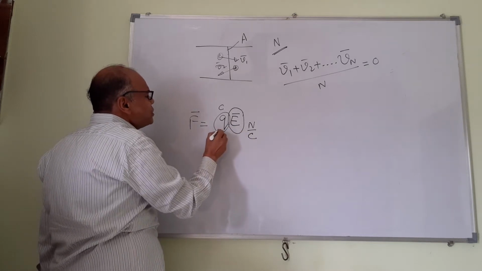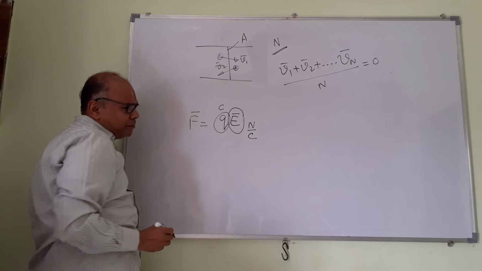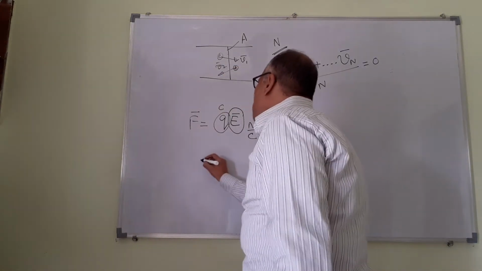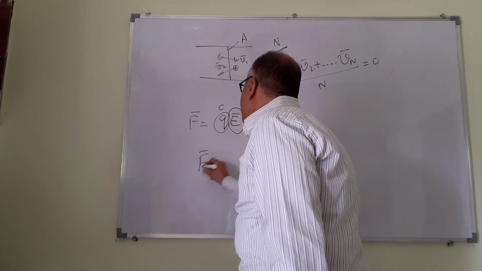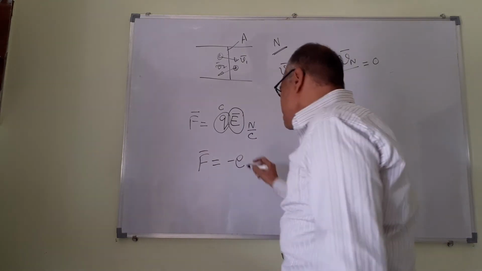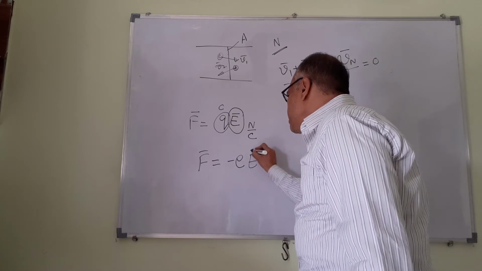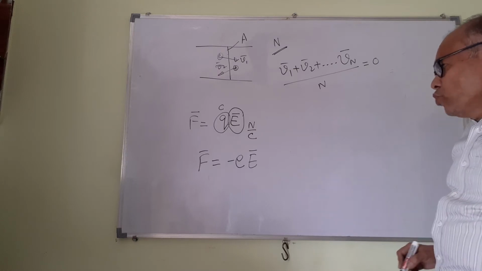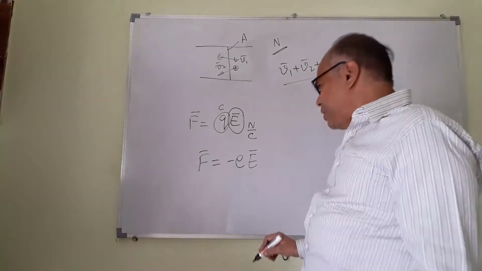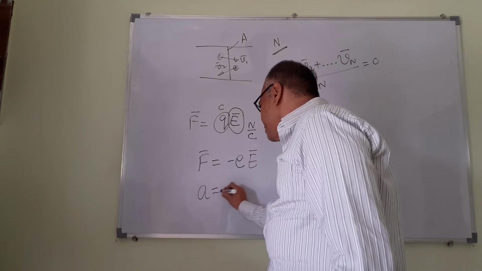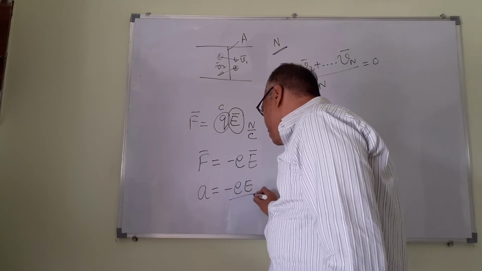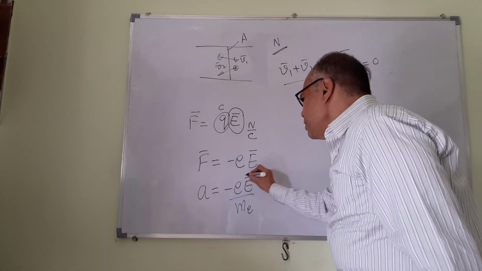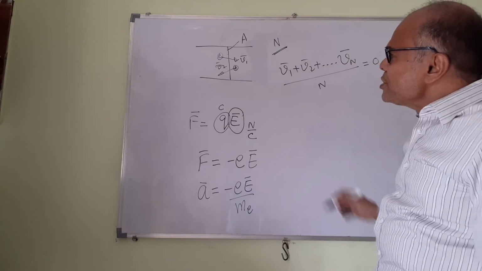If it is positive, it will be in the same direction as the electric field. Since we are dealing with electrons, the force on the electron would be minus eE, where e is the charge on the electron. By Newton's law, there must be an acceleration. So the acceleration will be minus eE by me, where me is the mass of the electron.